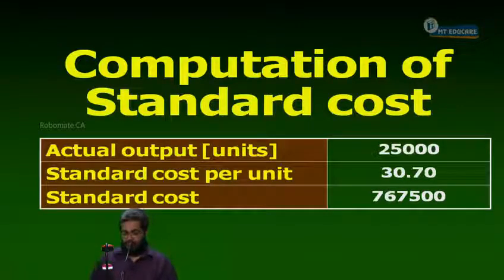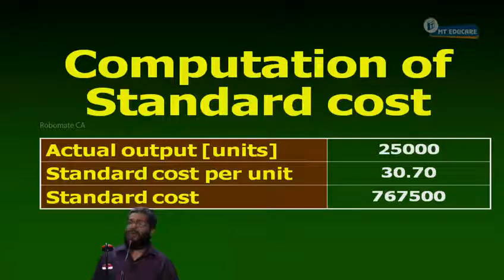Can I proceed? I have two columns: particulars and amount. Material 3,30,000. Labor 62,500.